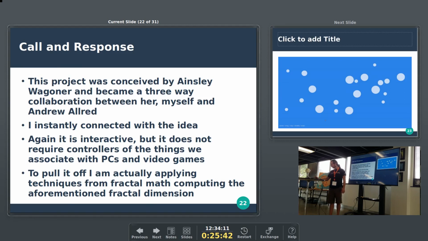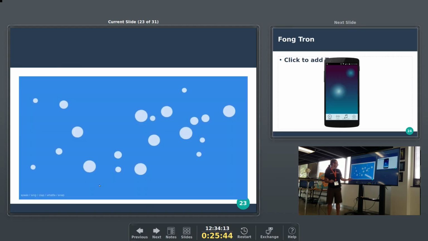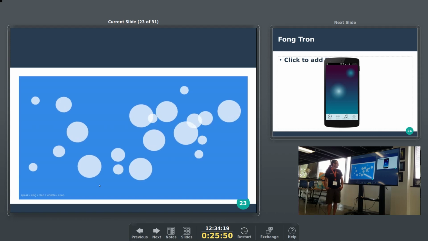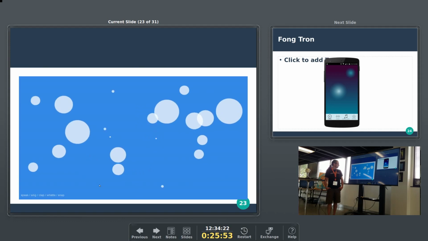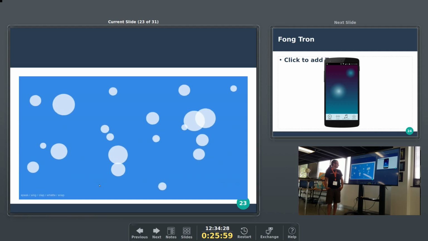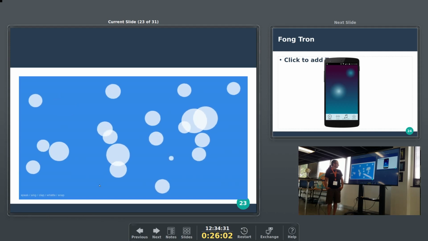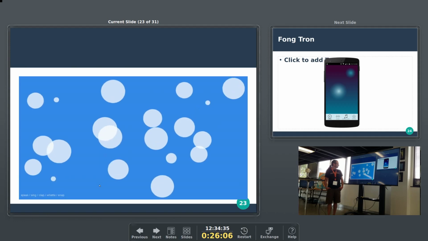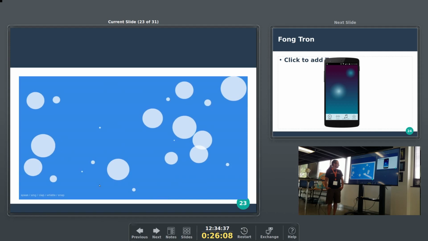So let's see. What you may be noticing is that, as I talk, the screen is responding to me. There is a call and response, if you will. The longer I speak, the bigger these circles are going to get, till eventually, as you see, some of them pop and are repositioned. And occasionally you'll see more circles appear as this happens.